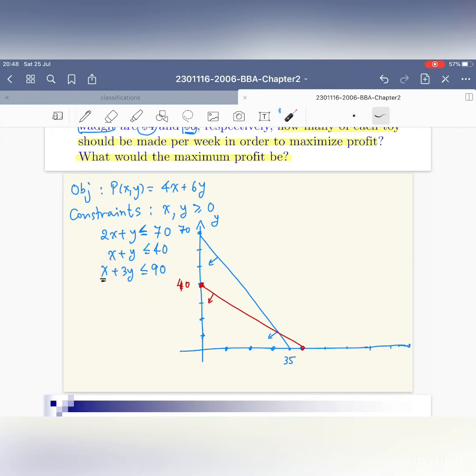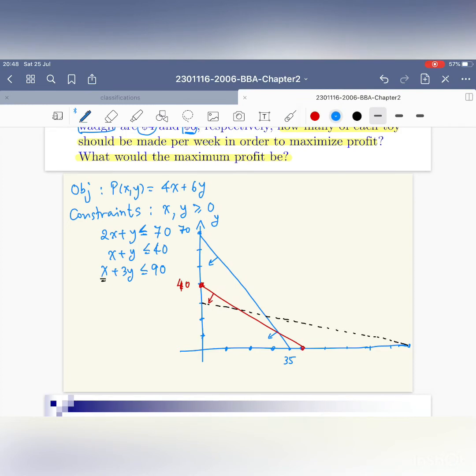So it will be somewhere here. Let me just use the dash line first because we are not sure whether this black line will go above this point like this, or will go below the point, or will go passing through this particular point. So we really need to find all the intersections.